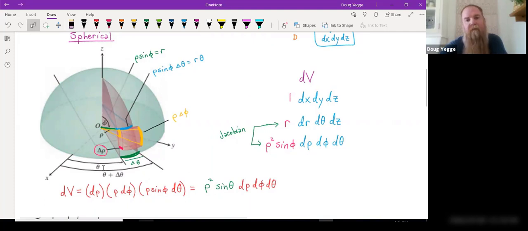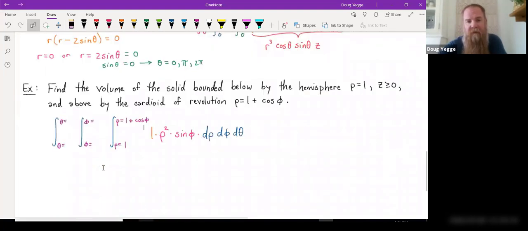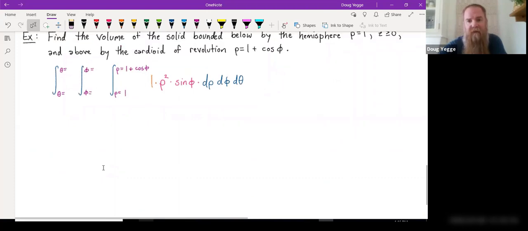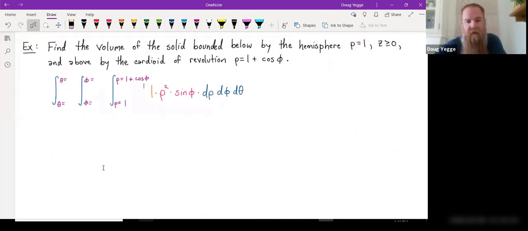So the values for phi can be anywhere between 0 and pi. 0 is at the positive z-axis, pi is at the negative z-axis, and pi over 2 is if it hits the xy plane. Well, considering the xy plane is the lowest part of this region, then I know that phi is going to extend from 0, which is the z-axis, to pi over 2, which is the xy plane.